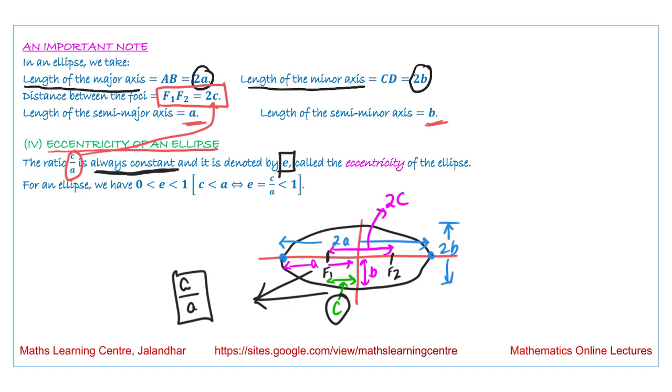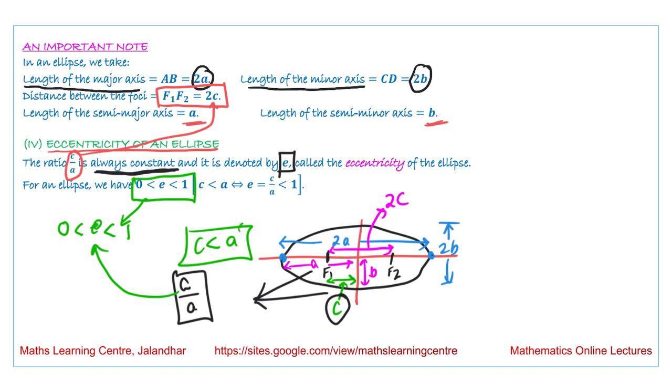For an ellipse in particular, the value of the eccentricity always lies between 0 and 1, because eccentricity is c upon a, and c is always less than a in the case of an ellipse. It is clear from this figure.